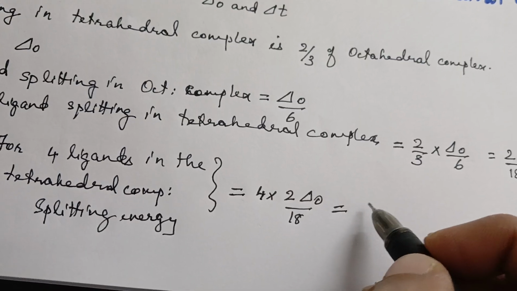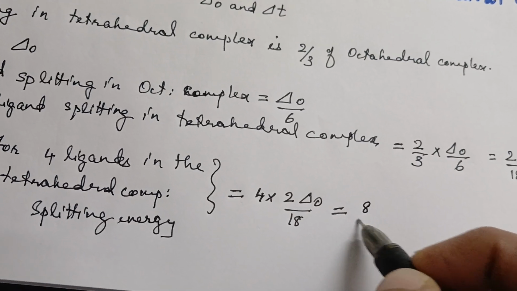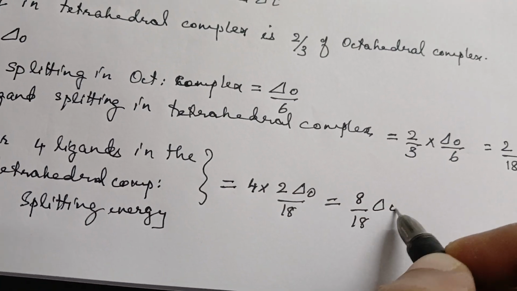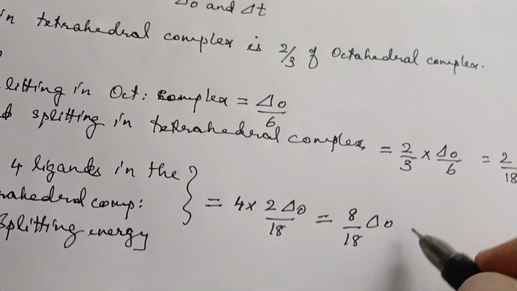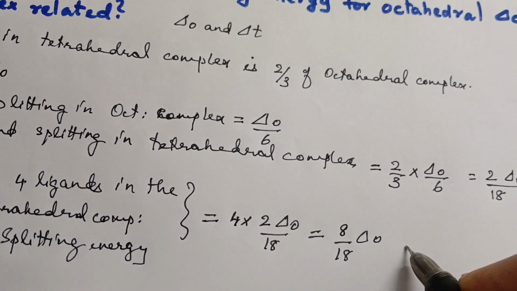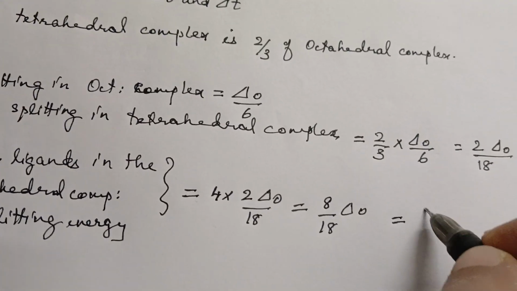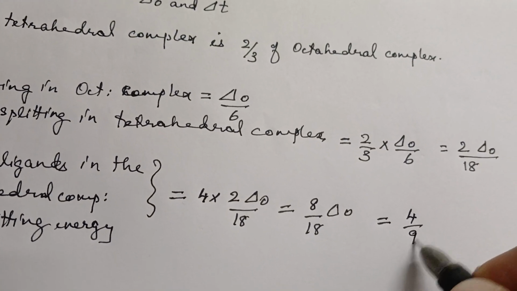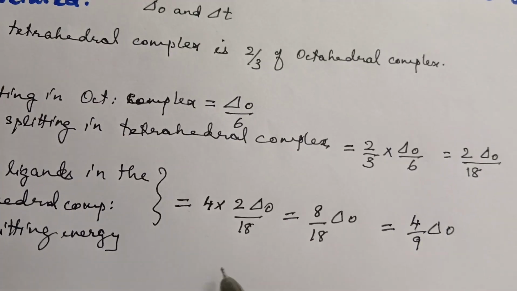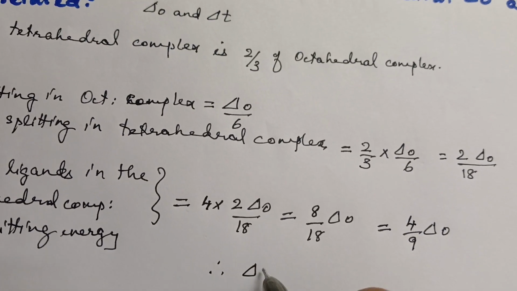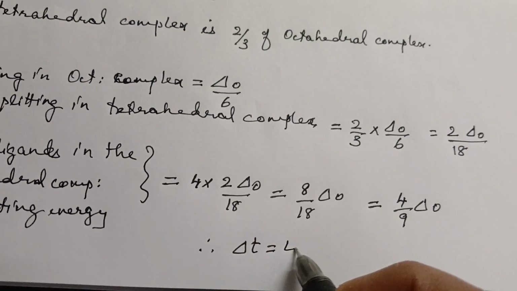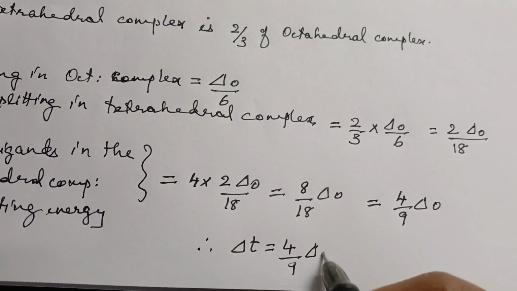That is equal to 8 by 18 delta O. If we make it smaller, that is equal to 4 by 9 delta O. Therefore, delta T equals 4 by 9 of delta O.